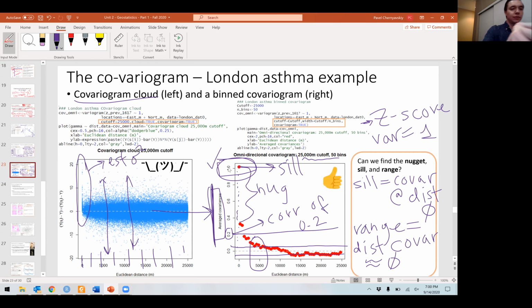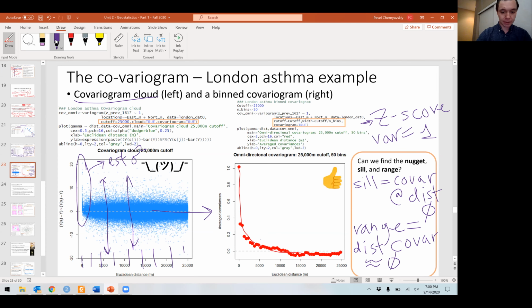Covariogram. Notice another thing. Remember I said that the covariogram is essentially an inverted variogram. Look at the shape. The covariogram looks like this. The variogram is its flipped version, right? It looks something like this.